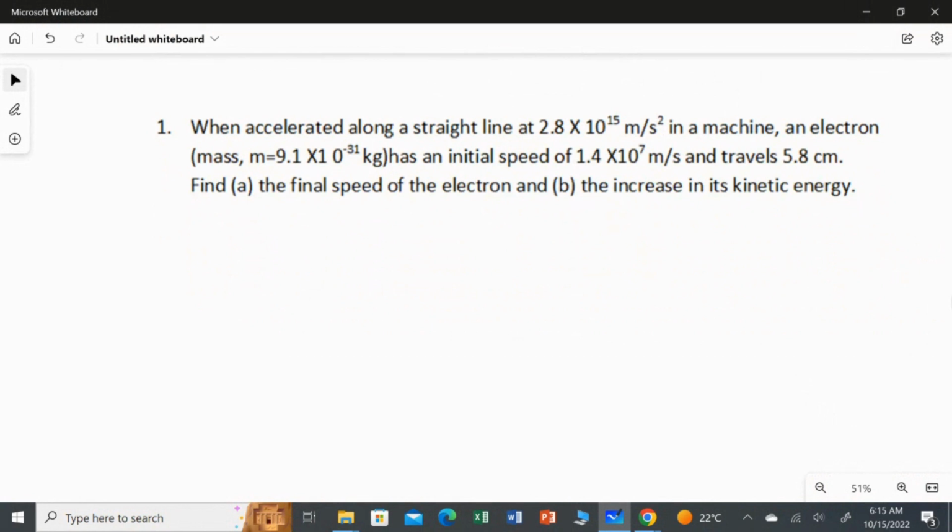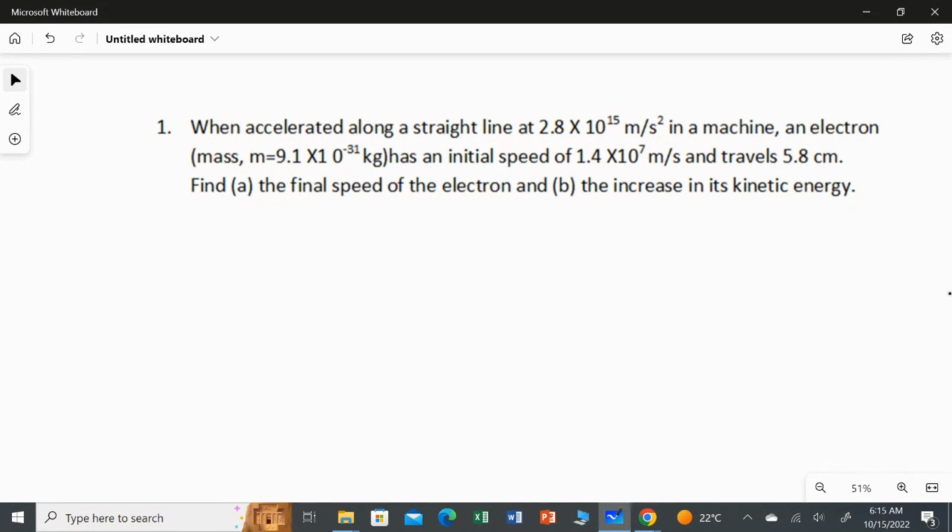When accelerated along a straight line at 2.8 × 10^15 meter per second square in a machine, an electron of mass 9.1 × 10^-31 kilogram has an initial speed of 1.4 × 10^7 meter per second, and it travels 5.8 centimeter.